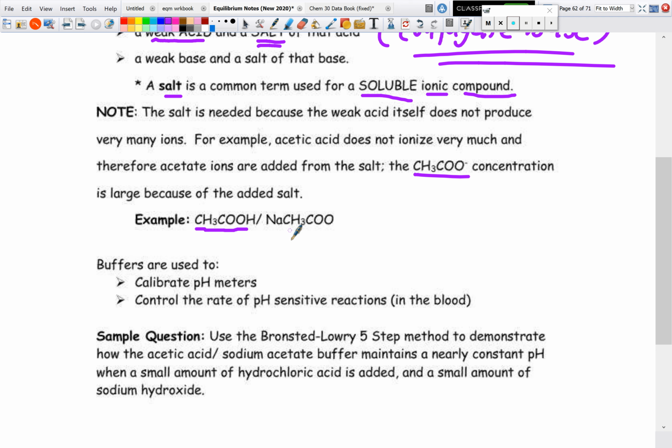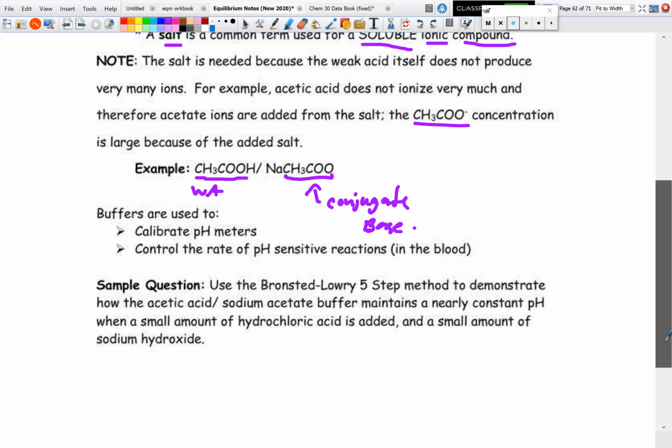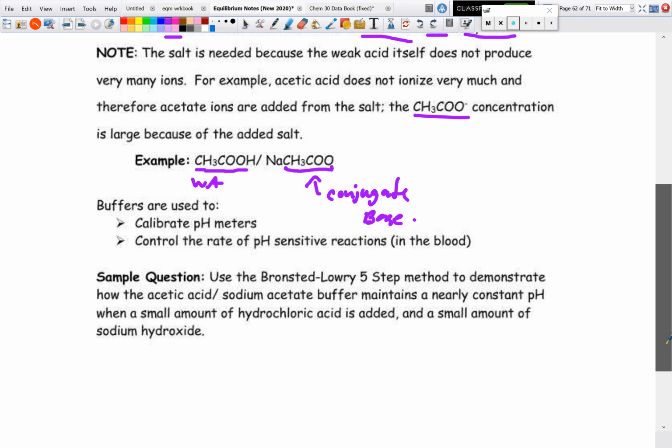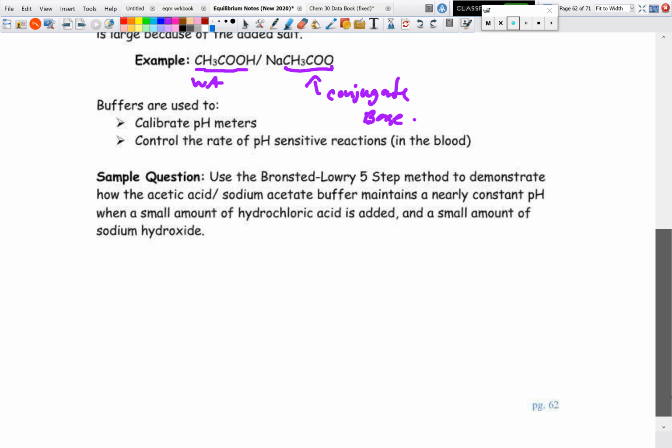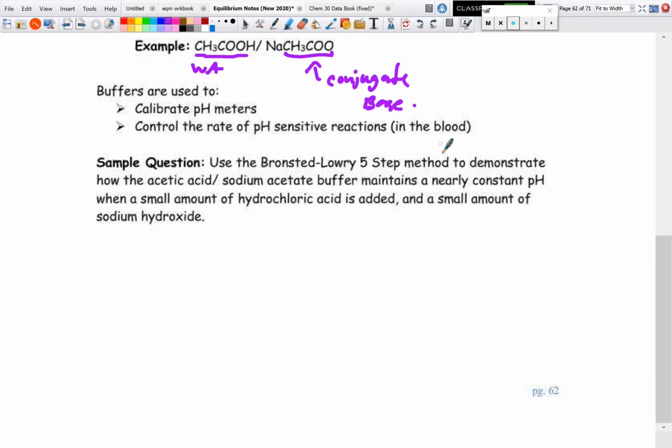So we need that sodium in here because when we dissolve it in water, this is going to break apart into sodium and the acetate, but we need to have the weak acid, and this right here, just the acetate, is a conjugate base of that weak acid. Now, of course, buffers are going to be used to calibrate pH meters if you're doing very sensitive reactions. And then, of course, for us, it does help us control pH sensitive reactions in the blood.